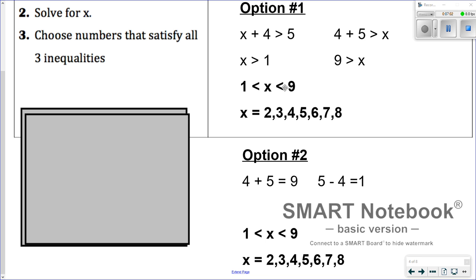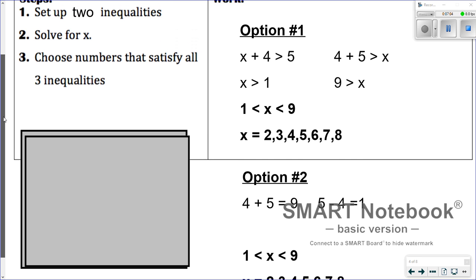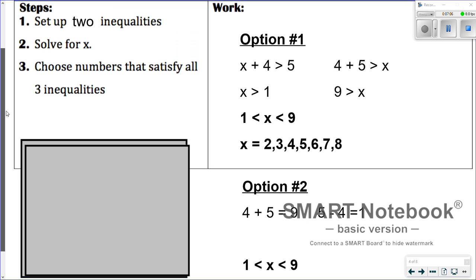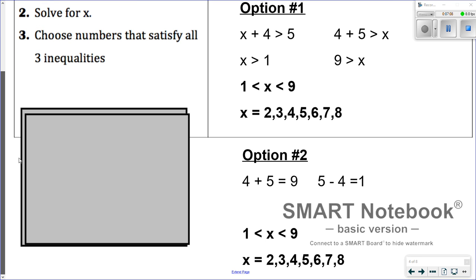So these are the two different options in order to find the third length to make the triangle a triangle. If anything, you would be choosing option 2 because it's easier and quicker. Just add and subtract the two numbers, and then find the numbers in between to satisfy the third side for that triangle.